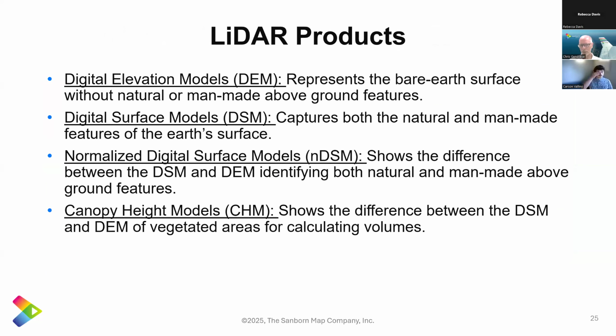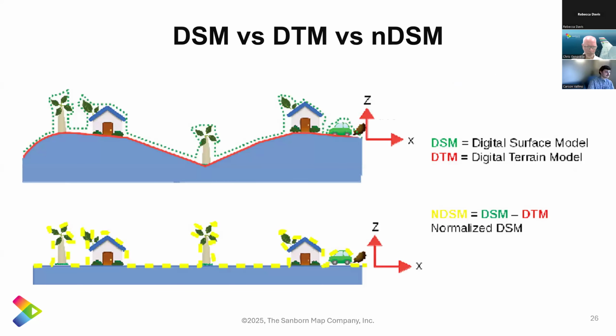So like I said, elevation, and Carson was talking about this too with imagery, right? We get our DEMs, DSMs, and all this terminology. It's really good, but basically this is a way to visualize data in a real world sense of what these elevations and heights of different features are within the data. So I put together a couple slides here to show the difference between some of these things.